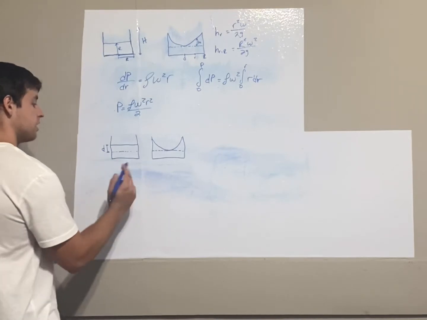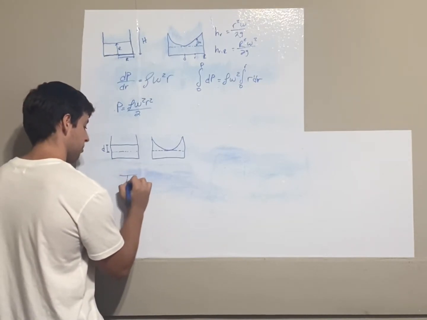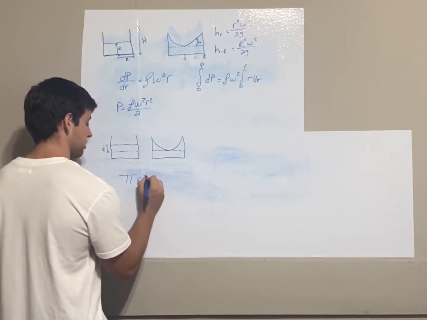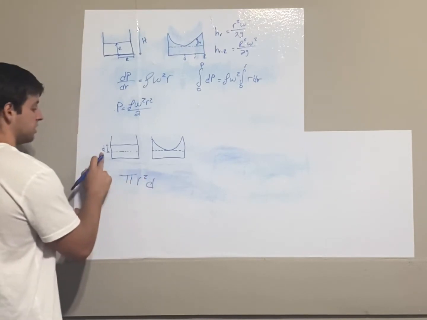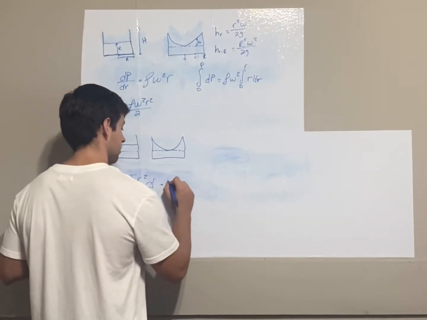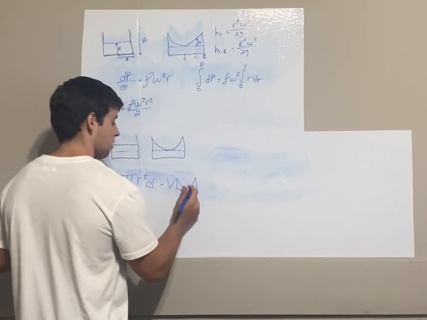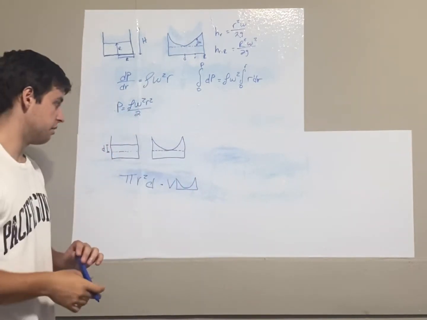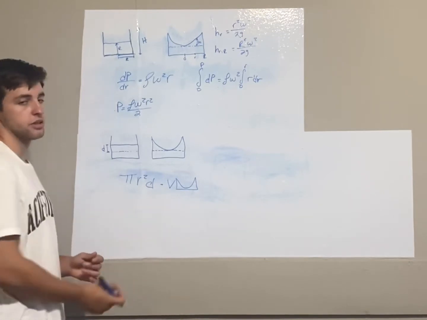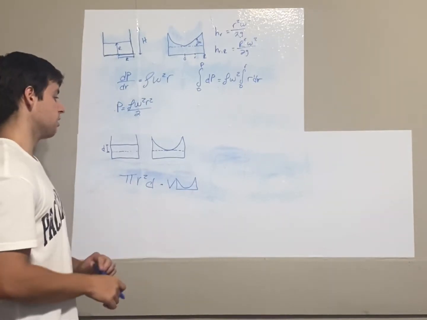So from here we can look at these two and say that pi times the radius squared times our distance d is equal to the volume of our little parabolic shape there. So eventually we're going to need to integrate to solve for the volume.